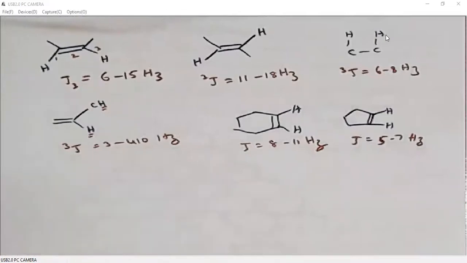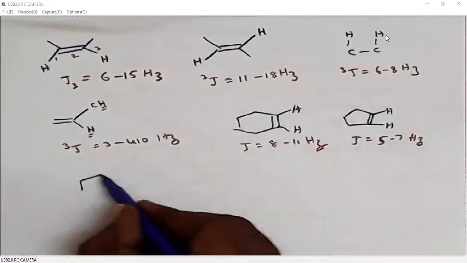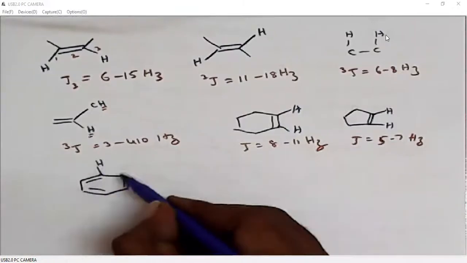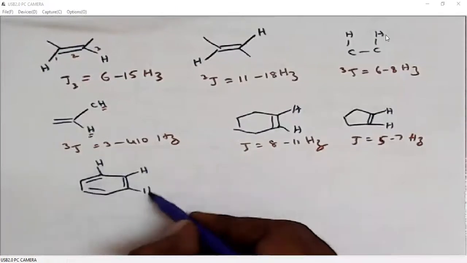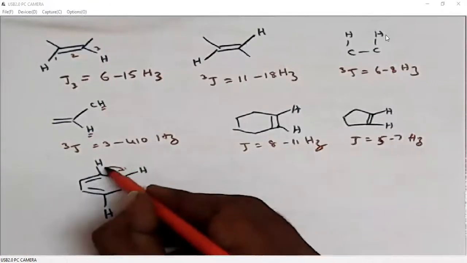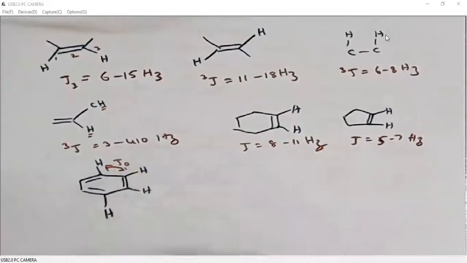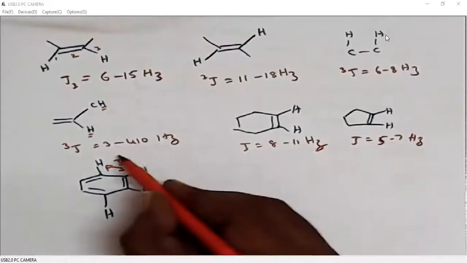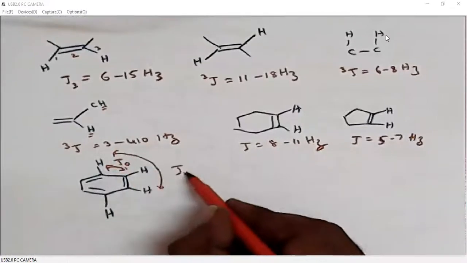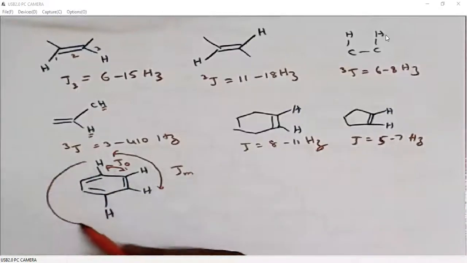And when we look at the aromatic system, we have 3 different types of couplings. We have ortho coupling, J ortho, we have meta coupling, J meta, and we also have para coupling, coupling between these two protons, J para.